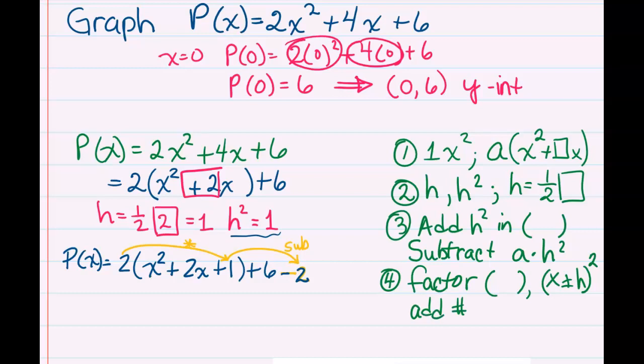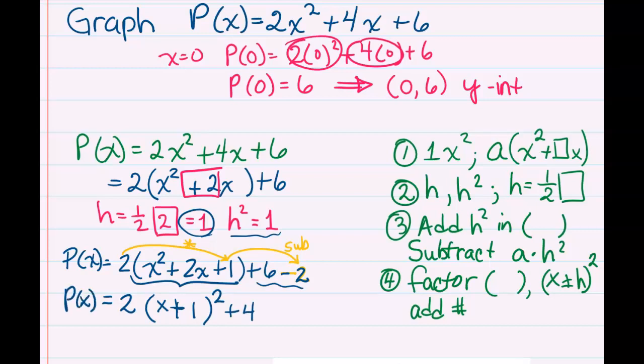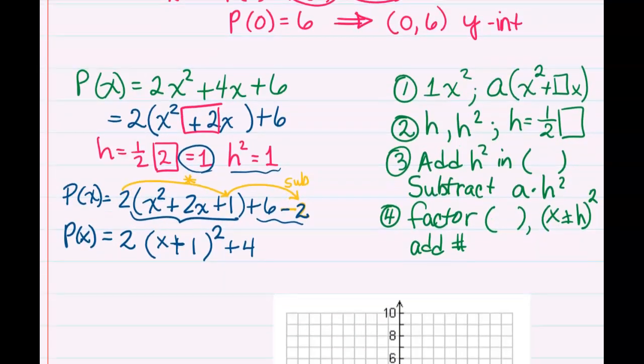So for us, we're going to have 2 on the outside. We're going to factor this perfect square trinomial into x plus 1 squared. Remember, our h was a positive 1. That's why we have a plus 1 down here. And I'm going to add these two numbers. I get plus 4.